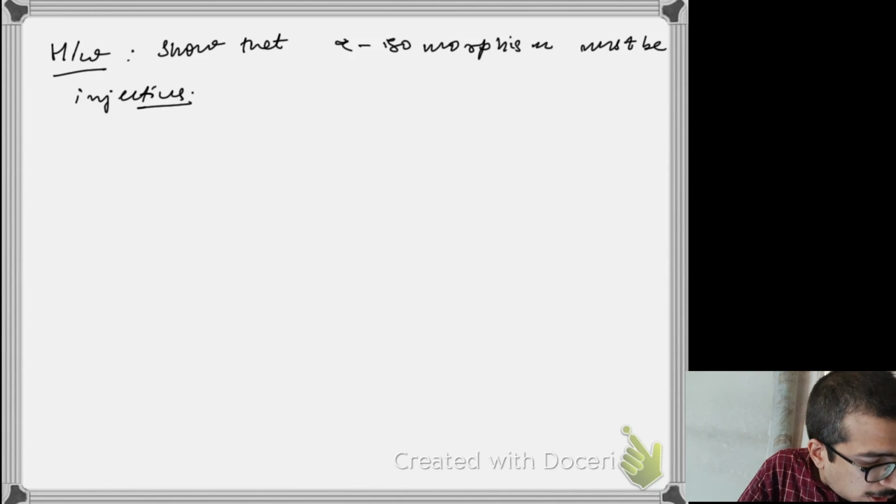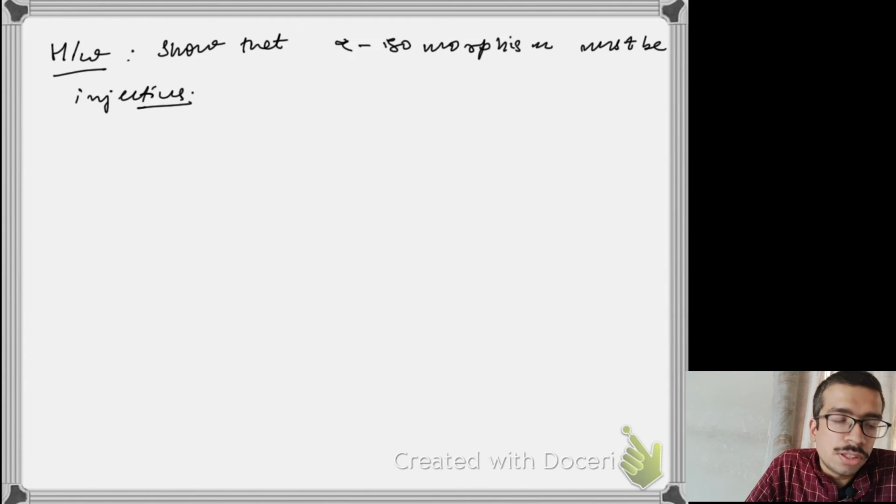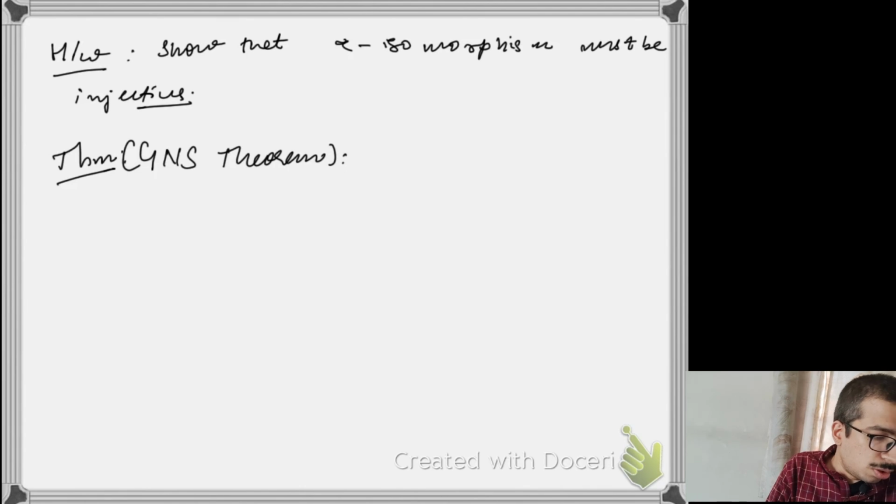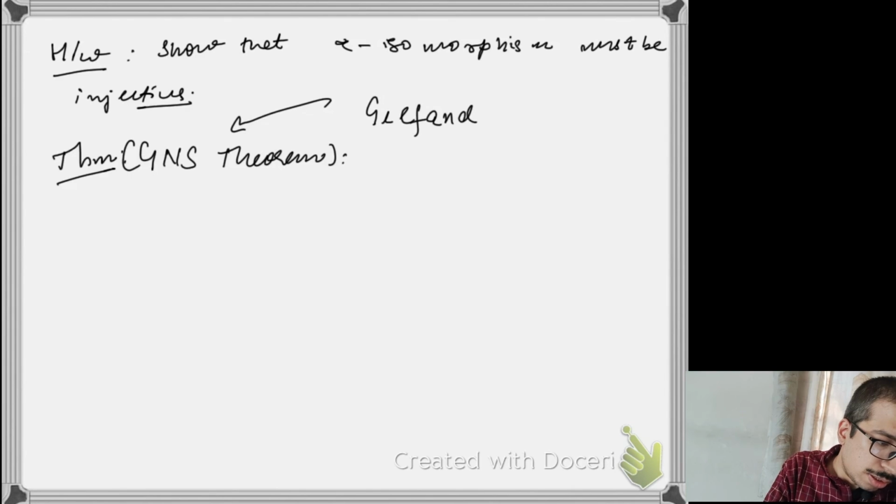Okay, now given that we have defined a notion of star isomorphism, we have a very interesting theorem which is called the GNS theorem. The GNS initials stand for Gelfand, Naimark and Segal.